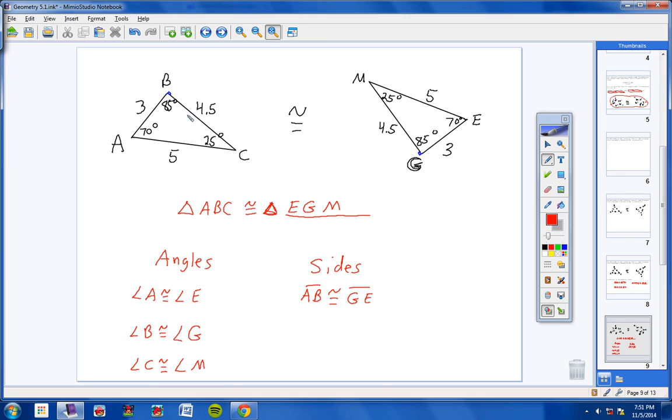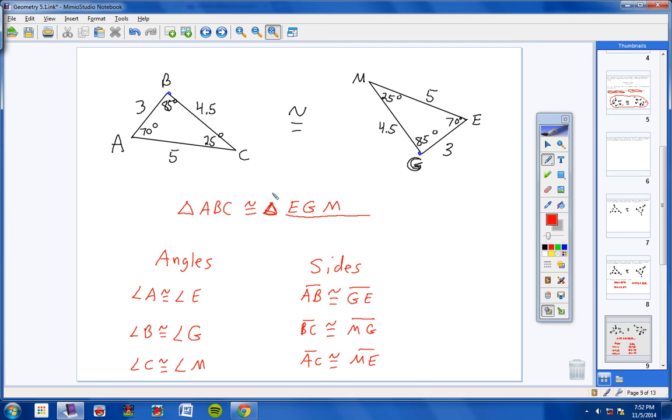Okay, let's take another side over here. BC. It doesn't really matter which side you do next, but BC has a length of 4.5. So what side over here has a length of 4.5? MG. So BC is congruent to MG. Okay, and then AC is congruent to ME. So there we go.